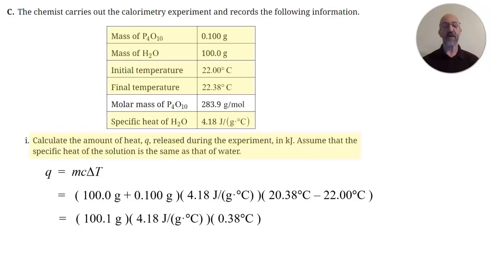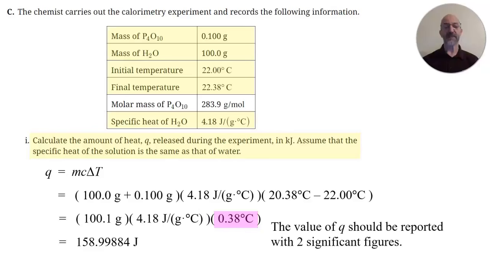So when I do this math, 100.1, the total mass of the solution, times 4.18, the specific heat capacity, times 0.38, the change in temperature, on my calculator I get an unrounded answer of 158.99884 joules. Now, if I round that off, instead of rounding it off to 159, I'm going to be limited by the two significant figures value of my delta T.